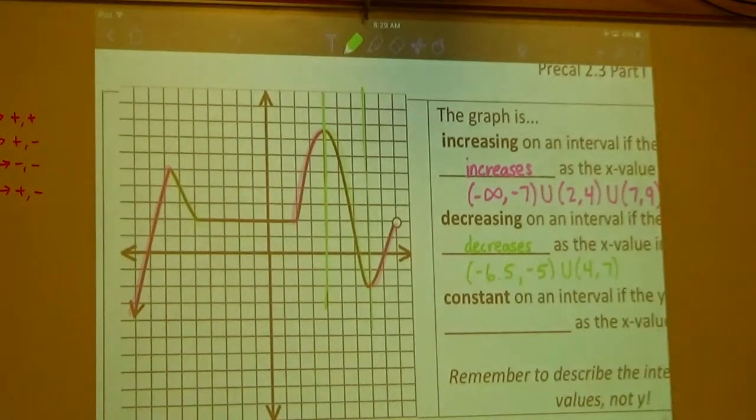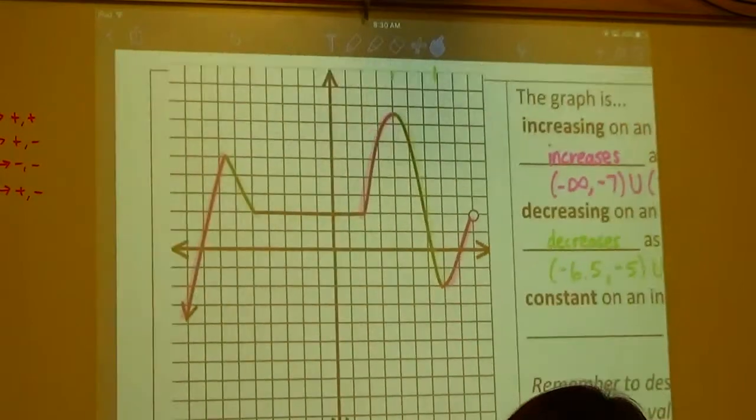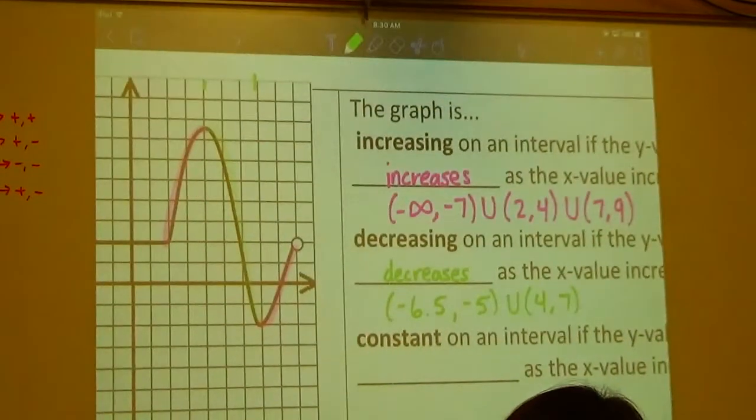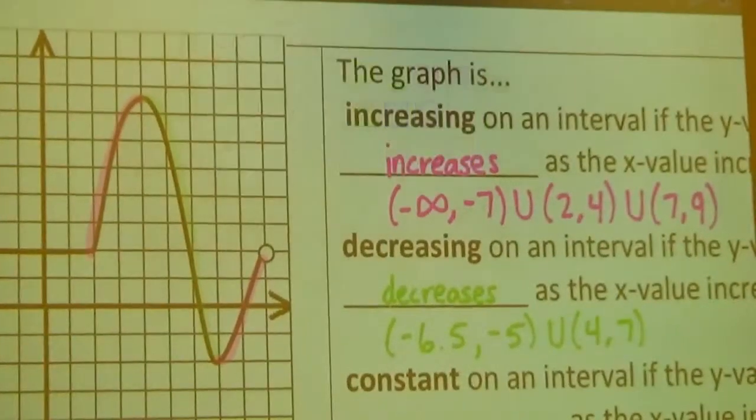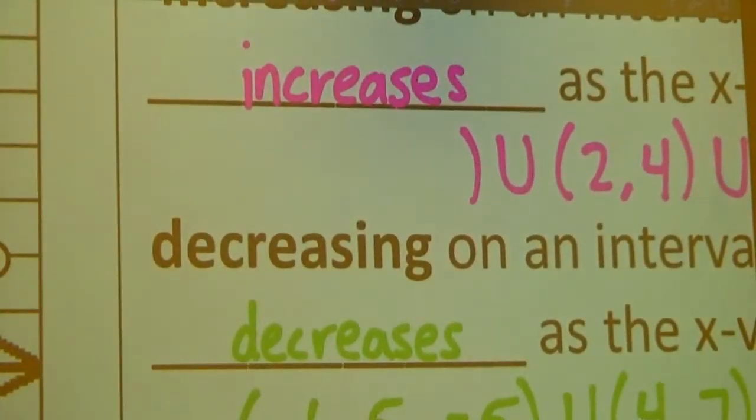So 1, 2, 3, 4, 5, 6, 7. Alright, I'm going to go back and change this one while I'm thinking of it. I wrote that completely wrong. That should be negative infinity to negative 6.5.